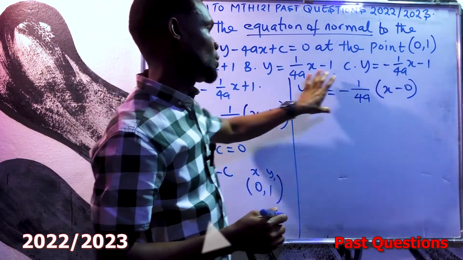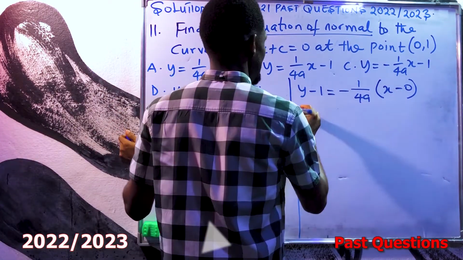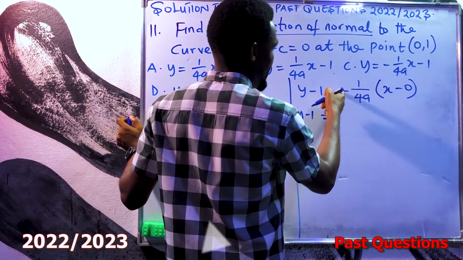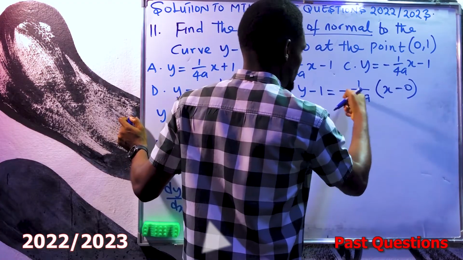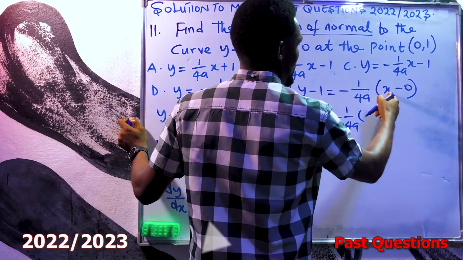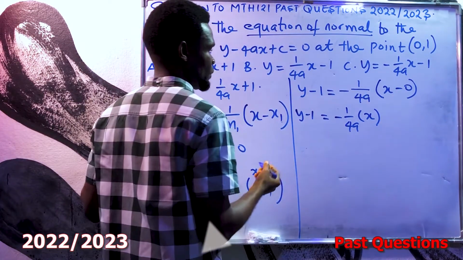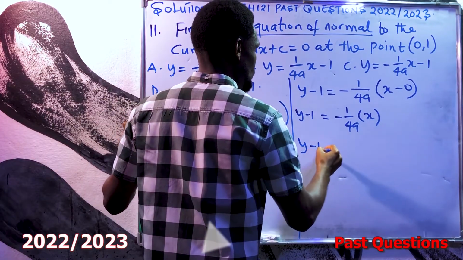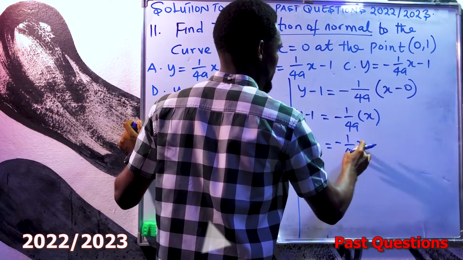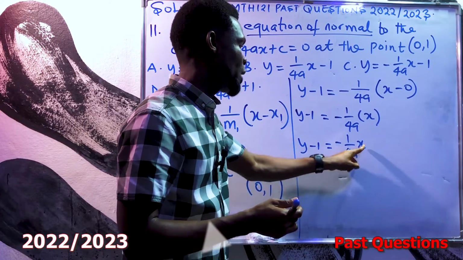The next thing is to simplify to get our final answer. So y minus 1 equals minus 1 over 4a into x minus 0, which is simply x. So y minus 1 equals minus 1 over 4a times x, which is minus x over 4a.